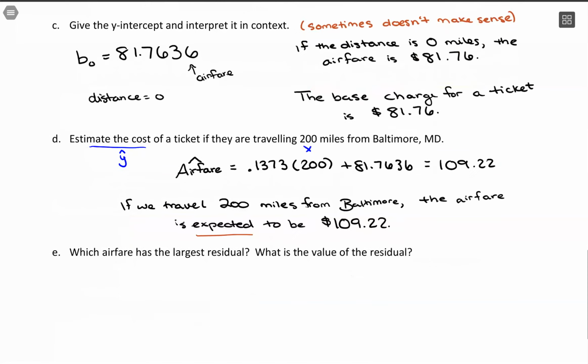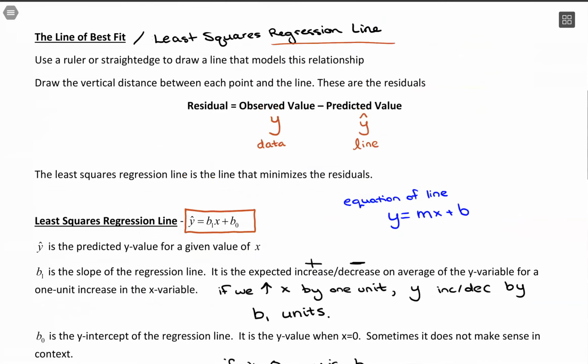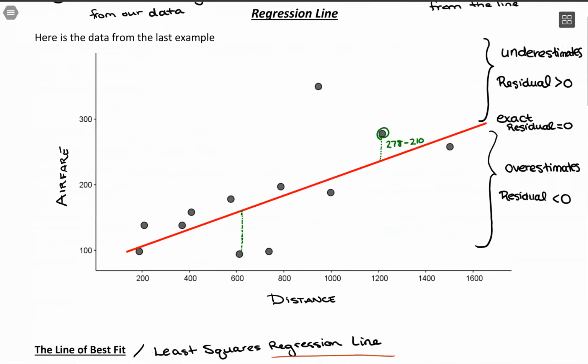So, which airfare has the largest residual? This is something that we could see visually if we imagine those vertical lines between our dots and the equation for the line. Here is basically all of our residuals. And to have the largest residual would be the furthest away, which is coming from this data value right here.